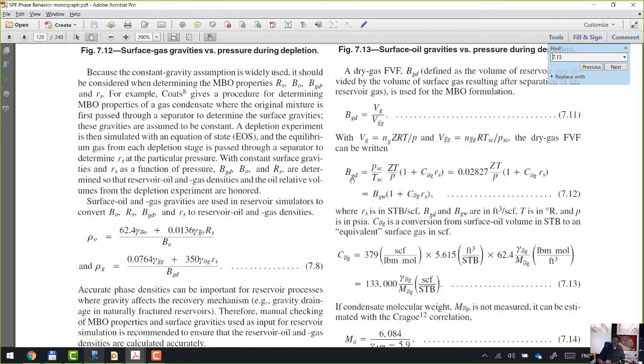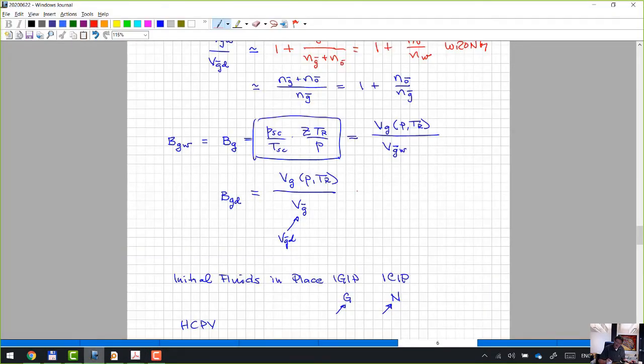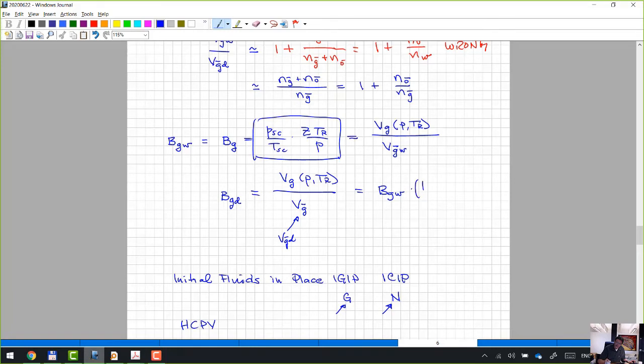You've got this equation: BGD is equal to BGW, which you have in all of your textbooks, times 1 plus COG that we just defined, times little rs.